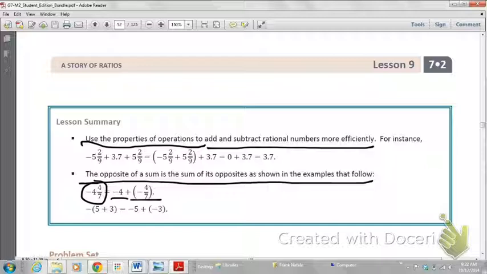Okay, so again, keep practicing these skills. Go back, take a look again, just to keep solidifying these properties of operations, and hopefully you'll come to realize that they will make you much more efficient. And again, one more time, and I've said this many times throughout this lesson, it is not about getting the correct answer necessarily, but following the steps.